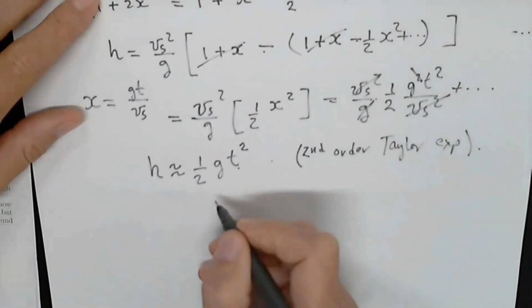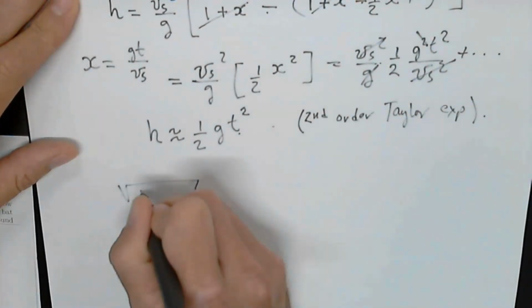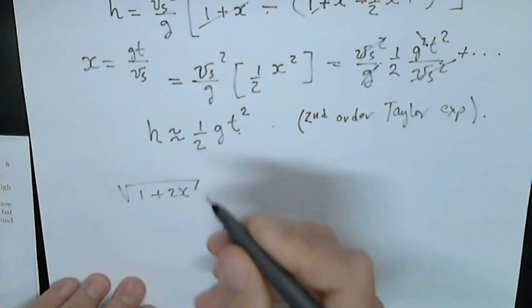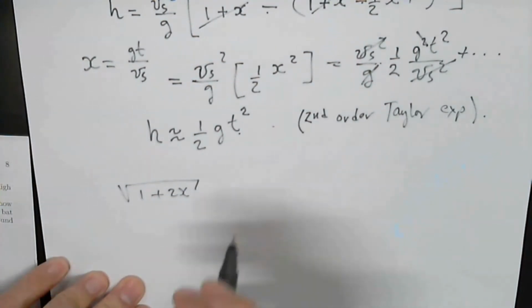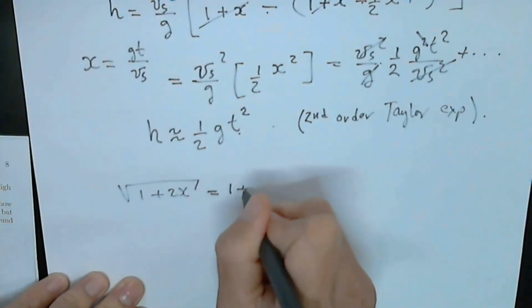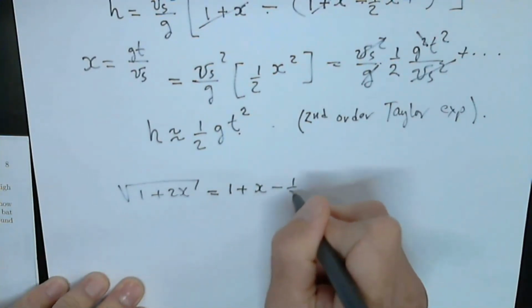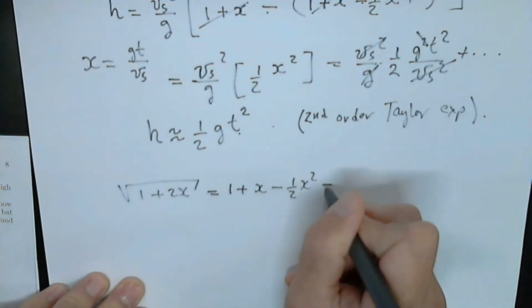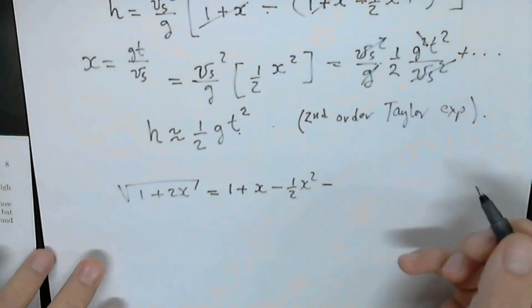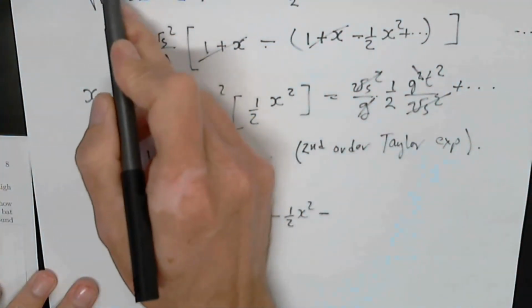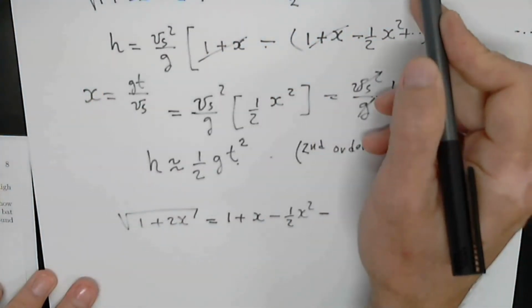We get, let me do it over here. We get 1 plus x minus 1/2 x squared. Now negative again is 1/6 times 3.